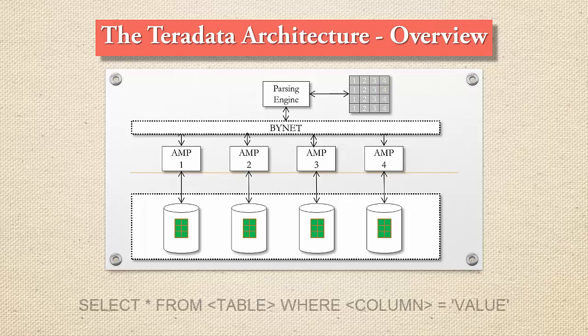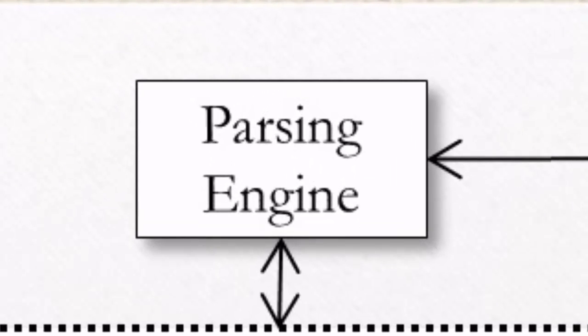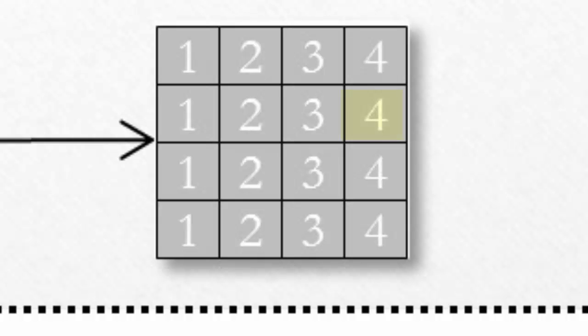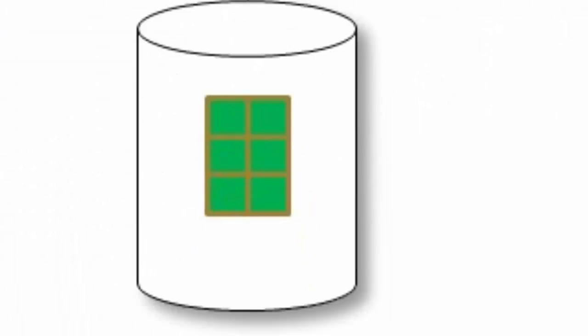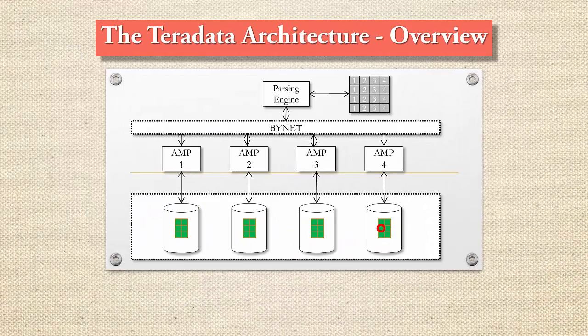In case of a select statement, requesting a row by referring to the primary index in full, we move from the parsing engine, continue with the row hash, turn to the hash map to find the responsible amp, and then request the row to be taken from within the sphere of this one amp. Conceptually, it is the same set of operations whether we have a unique primary index or a non-unique primary index, or one of the indexes using hashing, which we'll talk about later.